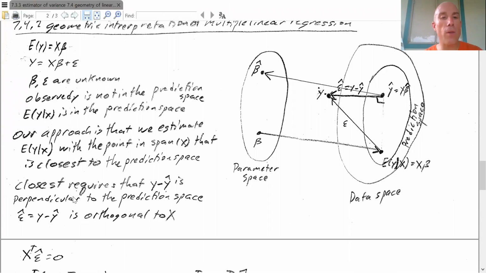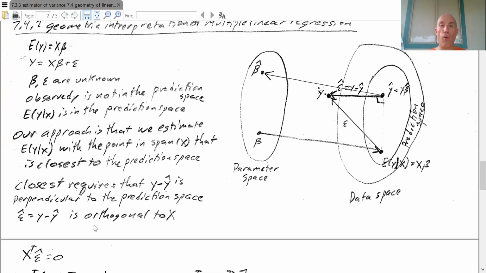And so the closest point is going to require that y minus y hat is perpendicular to the prediction space. And so our observed residuals, y minus y hat, are going to be orthogonal to x.